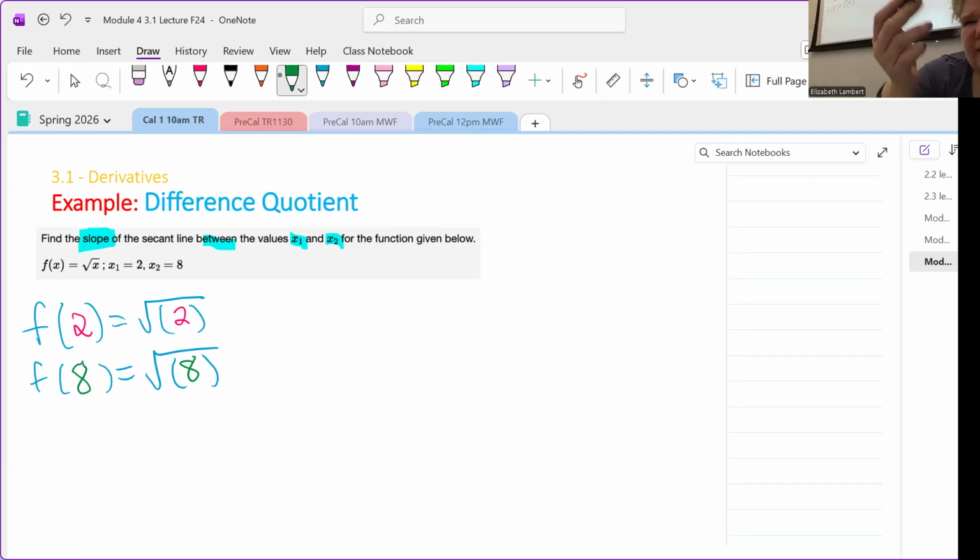Now the square root of 8, we can actually do a little bit of work on. 8 is the same as 4 times 2. And I can split a square root across multiplication. So this is the same as 2 square roots of 2.